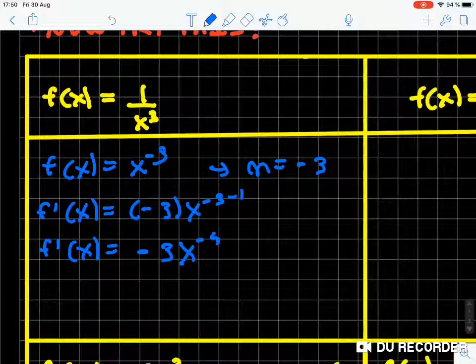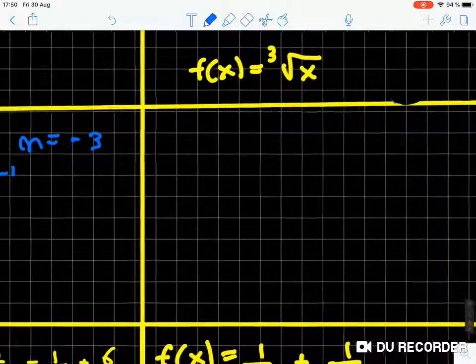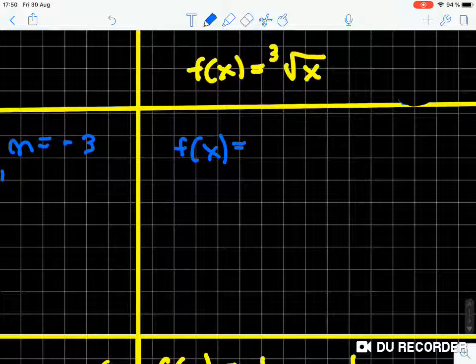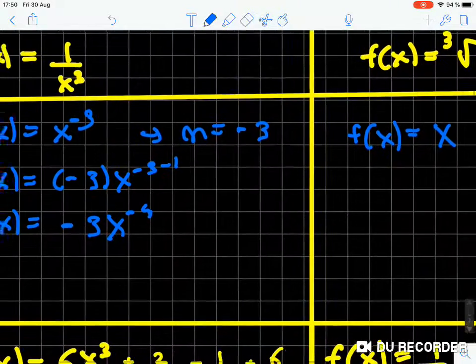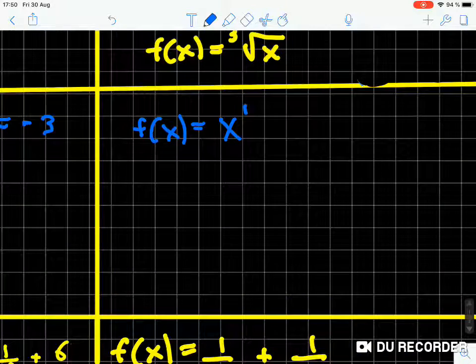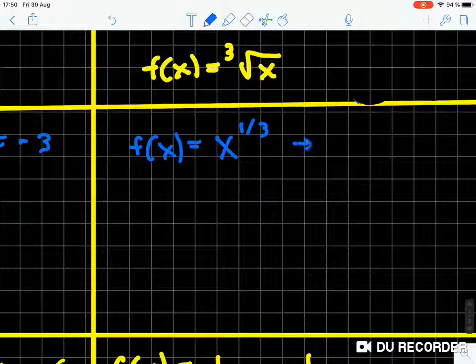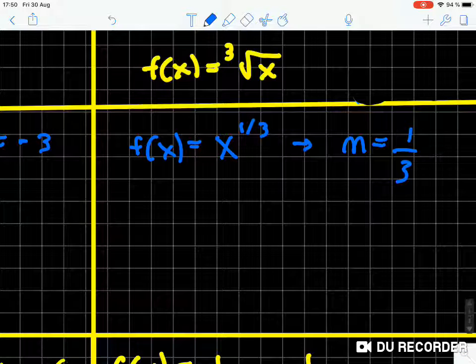Okay, so this one, we want to put it in the format that is given to us in the formula. So in this case it would be x to the 1/3, where n is 1/3.